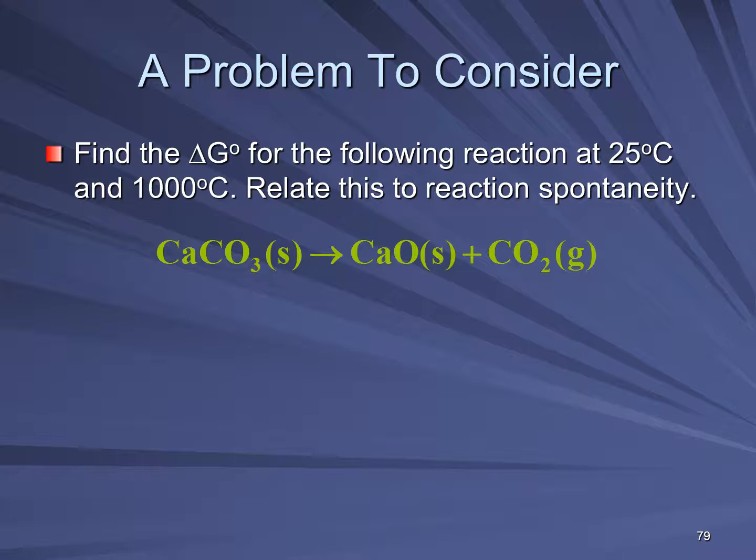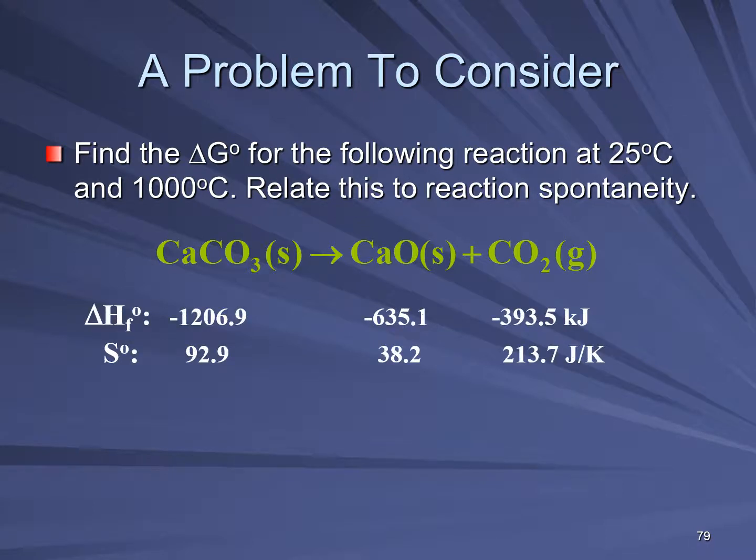The tables are at a standard 25 degrees Celsius, but we can go ahead and just find delta H and delta S for this reaction and then use them at different temperatures.